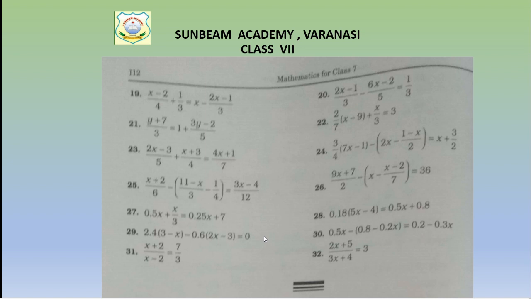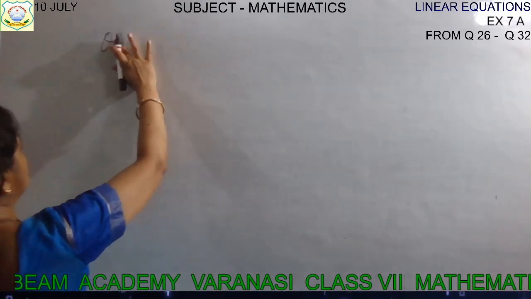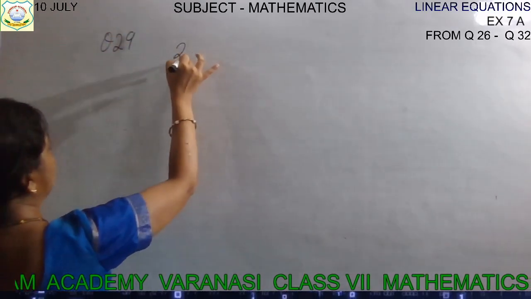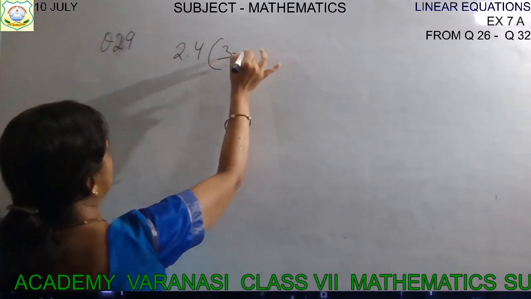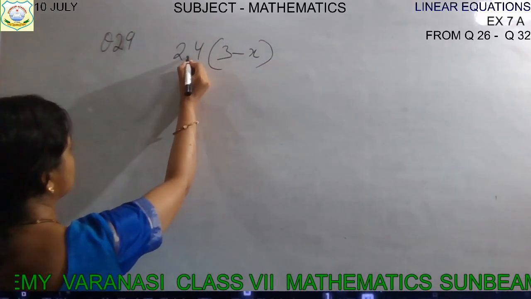I am erasing my board. Meanwhile, you write down the question. Question number 29 is, have you written it? 2.4 in a bracket 3 minus x. 2.4, this is a decimal point.